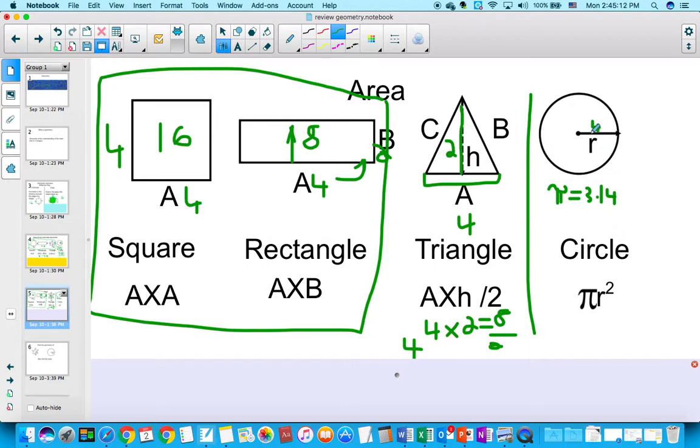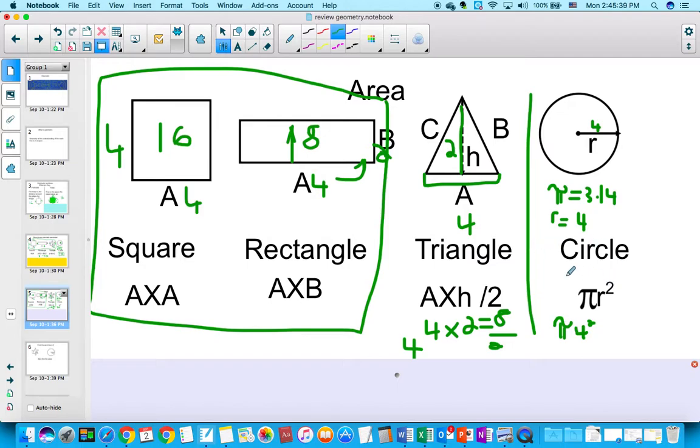We know in this case r equals 4, and the equation is pi r squared, right? So this is pi times 4 squared. Well, we know 4 squared is 4 times 4, right? So 4 times 4 is 16. So it's 16 times pi, and that's it. And you can punch that into your calculator.